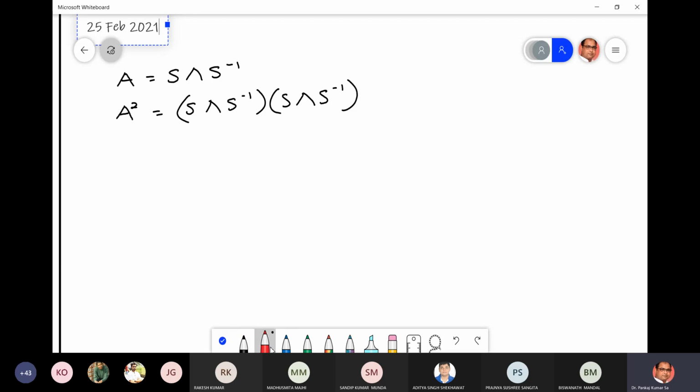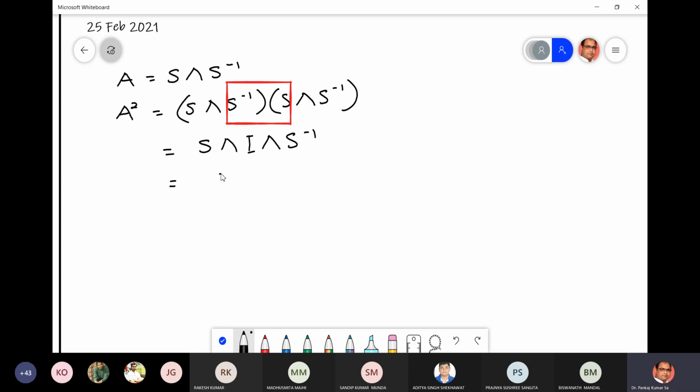So when I open up this parenthesis, this part is nothing but I. So S lambda I lambda S inverse. So lambda times I or I times lambda, that doesn't affect much.